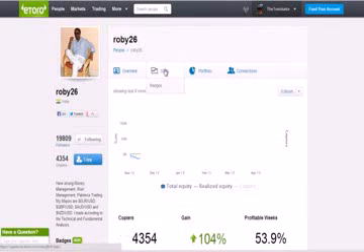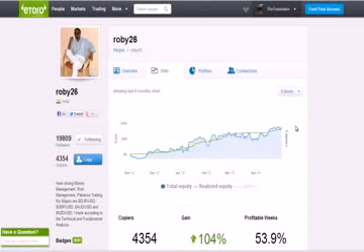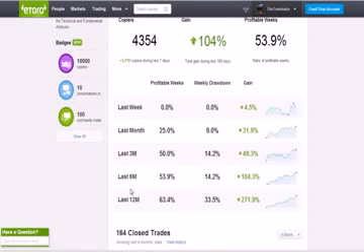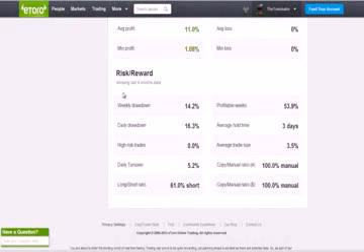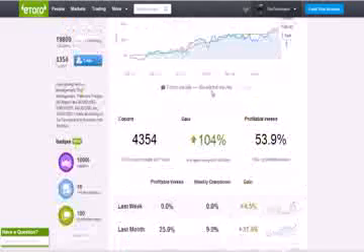Moving on to stats, we can see the performance and the statistics that this trader experienced during the last 6 months. We can change the time frames again to be whatever we want. The performance of the last week, 3 months, 6 months, 12 months, and all the closed trades, including the risk versus reward ratios.